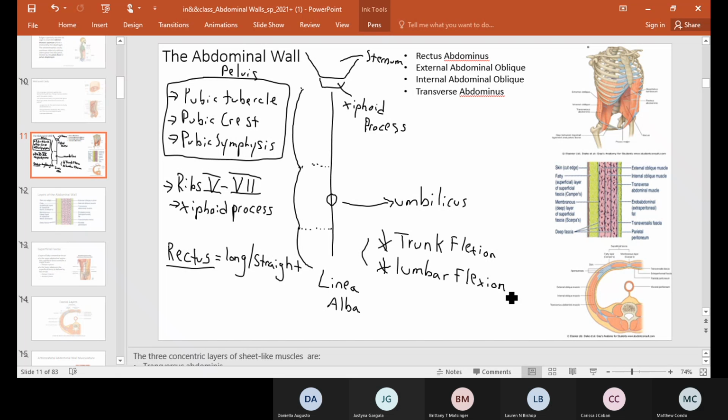Because you guys probably saw from the readings, muscles like psoas major, right? Does that one sound familiar? Where does psoas major originate? Anterior surface of the lumbar spine, the discs, transverse processes of the lumbar spine, right?